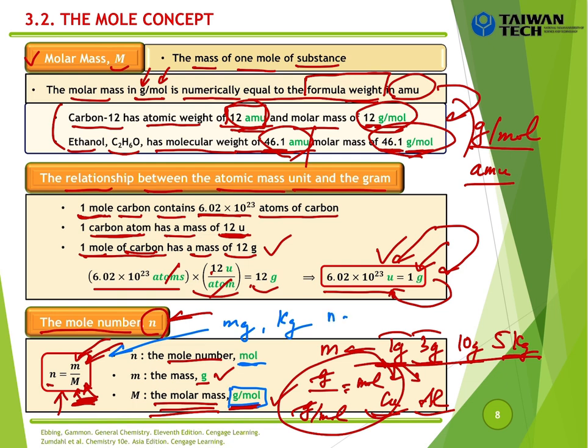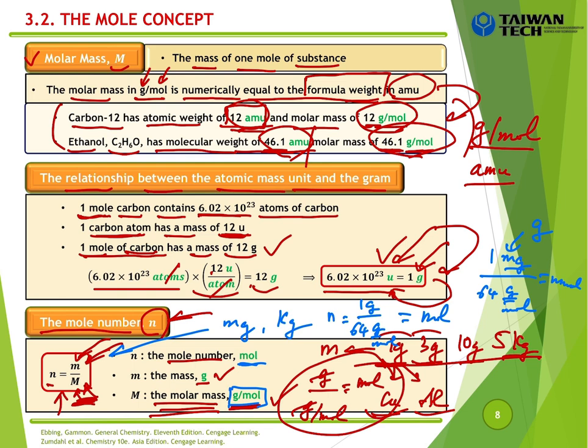So you have the mole maybe equal to 1 gram divided by maybe 64 gram per mole, and you know the unit here will be mole. That is the correct one. But if you have 1 milligram and you divide by 64 gram per mole, you can see we cannot cancel this term. So you get millimole, or you need to change milligram to gram for your calculation as well.